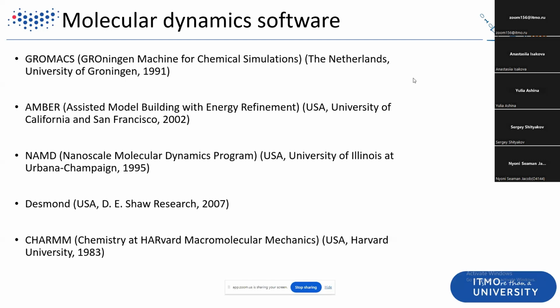Desmond is also quite efficient for free energy calculations, such as free energy perturbation, FEP. It has a FEP module in the Schrödinger pipeline. Other simulation methods, such as replica exchange, are also supported. Some force fields are also compatible with this software, such as CHARMM, AMBER, OPLS, and a range of different water models.